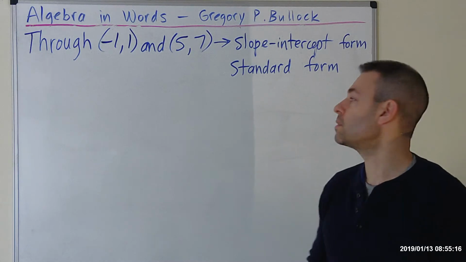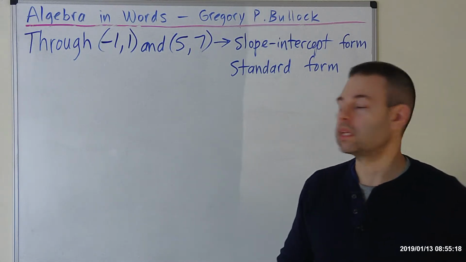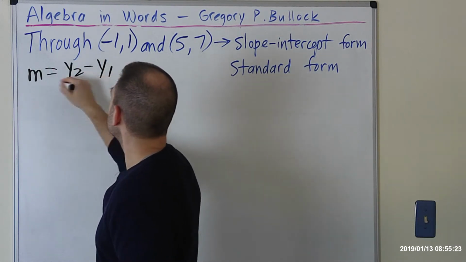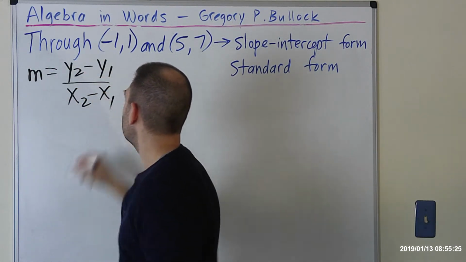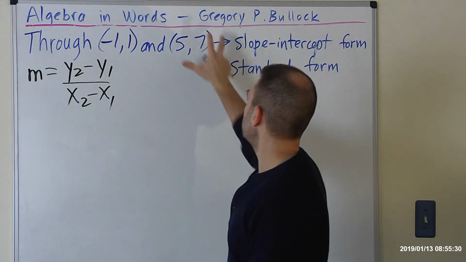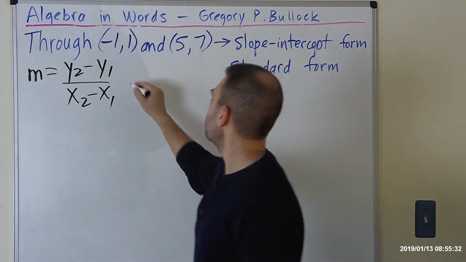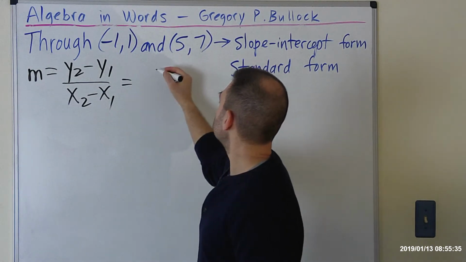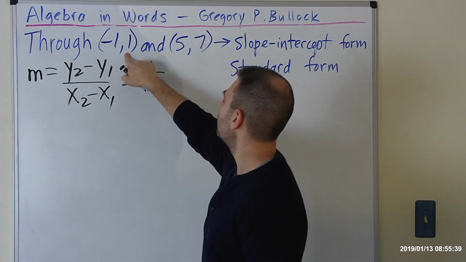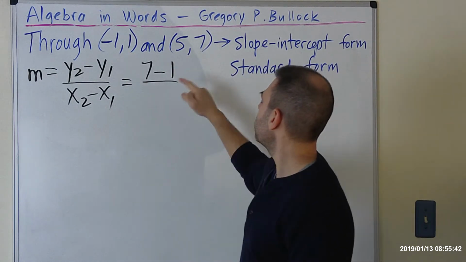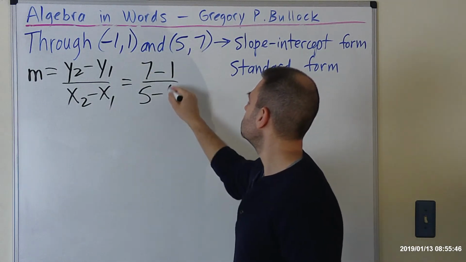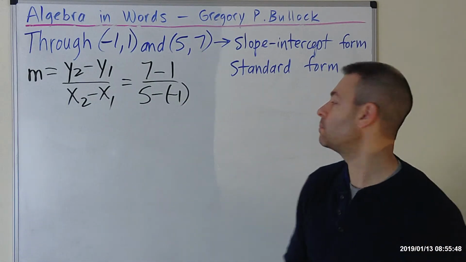So what we're going to do is use the slope formula. m is equal to y2 minus y1 over x2 minus x1. And we're just going to plug in and determine the slope. If this is point 2 and this is point 1, then we plug in 7 for y2 minus y1 of 1, over x2, 5, minus x1, which is negative 1.